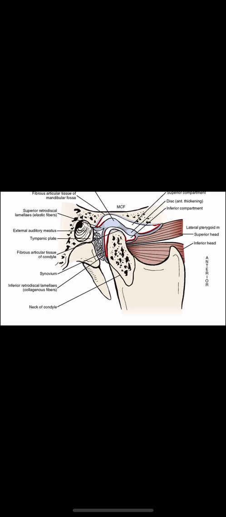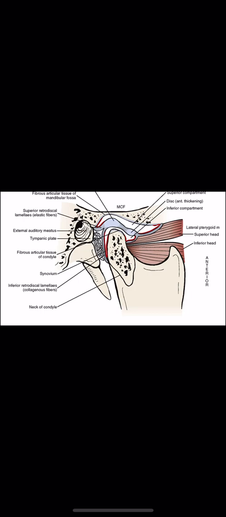Next is mandibular condyle. Mandibular condyle is broad laterally and narrower medially. Its articular surface is covered by a fibrocartilaginous tissue and not with a hyaline cartilage. Next is articular disc. It is composed of dense fibrous connective tissue and its most part is devoid of any blood vessels and nerve supply.